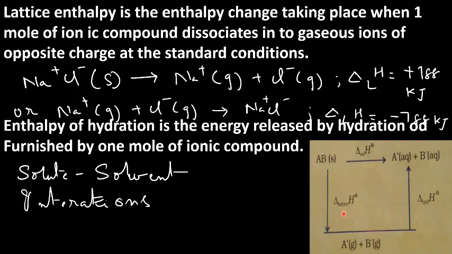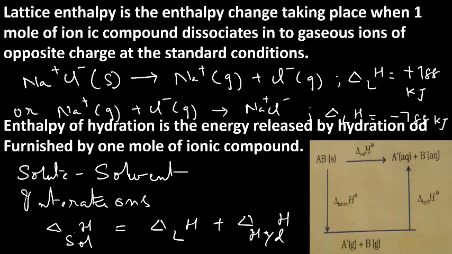Therefore, here the energy is taken in, and this energy is known as lattice enthalpy. The released ions are surrounded by solvent molecules. Therefore, this is energy of solvation or enthalpy of solvation. If water is used, it is called enthalpy of hydration. Therefore, delta H solution is equal to lattice enthalpy plus enthalpy of hydration.